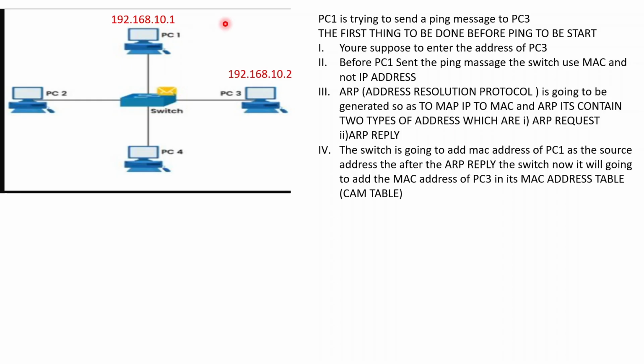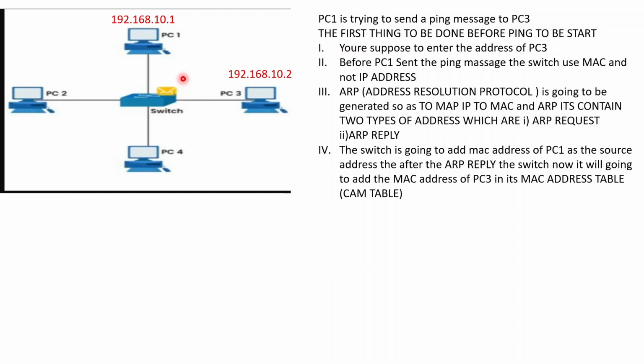So whenever you enter an IP address on this desktop or any desktop, the desktop is going to associate that IP address with the MAC address of that device. ARP also contains two types of message, which are ARP request and ARP reply. Now, pay attention here and listen.